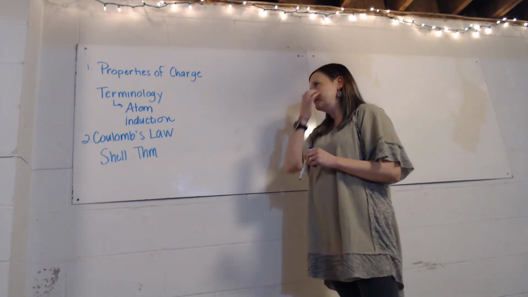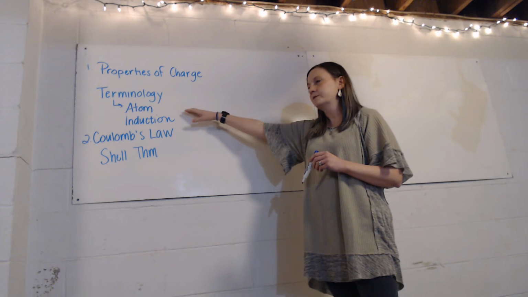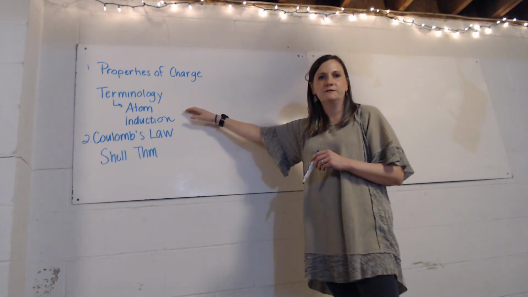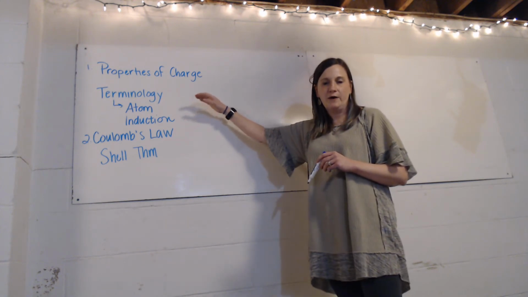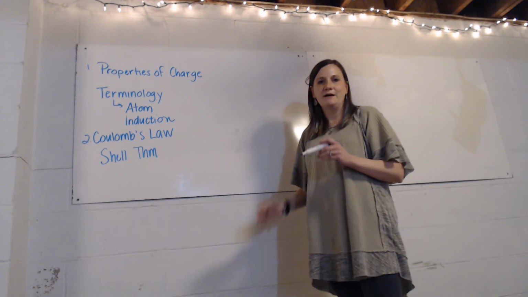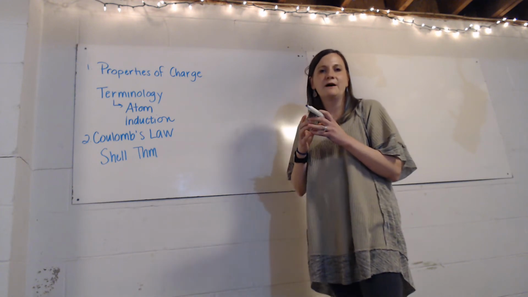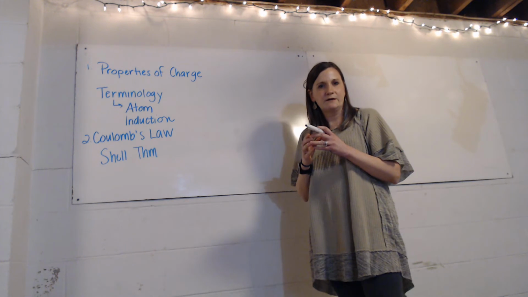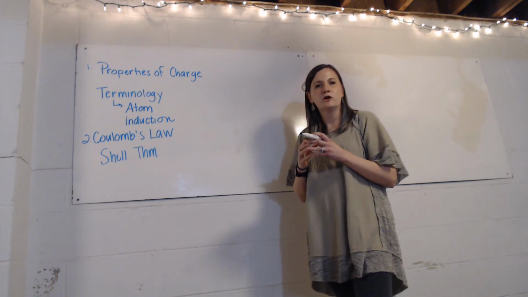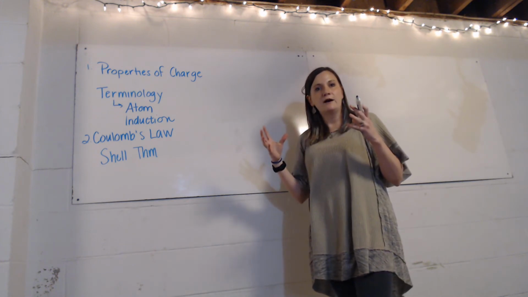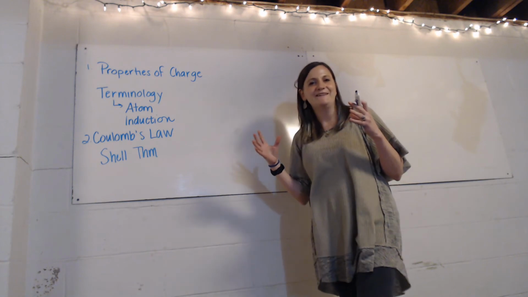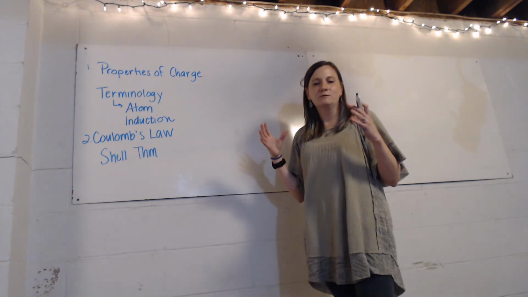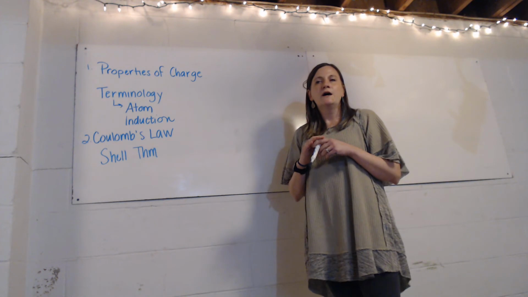And once there was a good understanding of the atom and its structure, it became clear that that was the origin of charge. So as you know, the atom is made out of a nucleus that's really tightly bound, and the nucleus has protons and neutrons, so it would have a positive charge. And then you've got this electron cloud around the atom, and that is where we have the negatively charged particles.